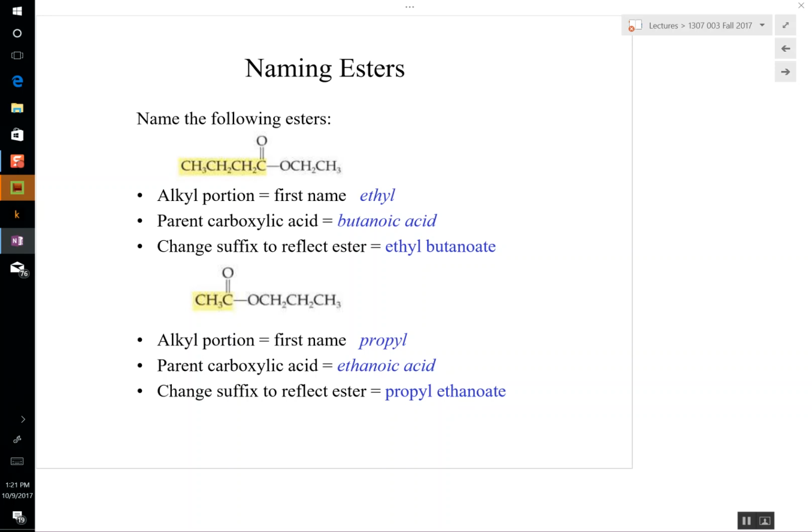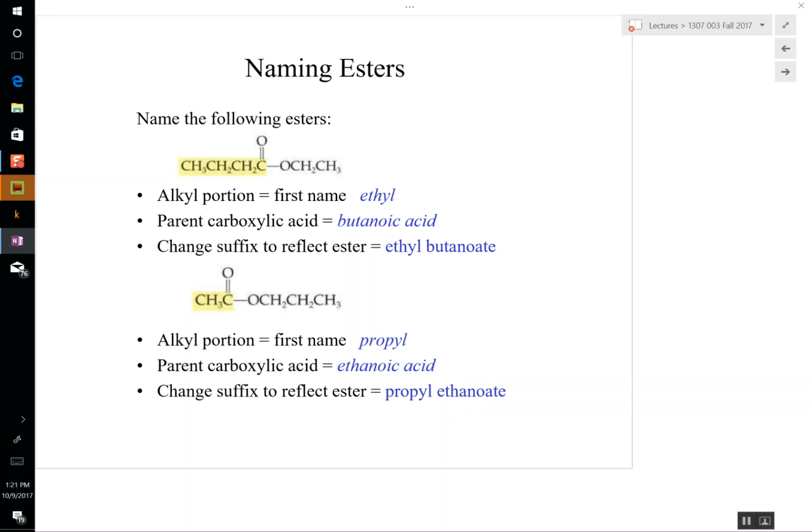It's telling me that the 4-carbon portion of this ester has the carbon-oxygen double bond on it. That's your butanoate. It's coming from butanoic acid. And then the simple substituent here is just ethyl, 2-carbon ethyl. So we have an ethyl there.